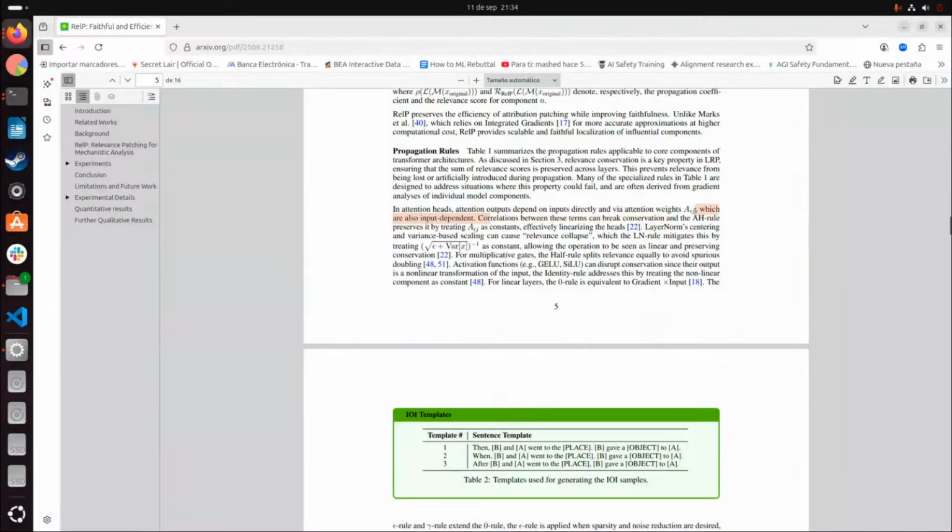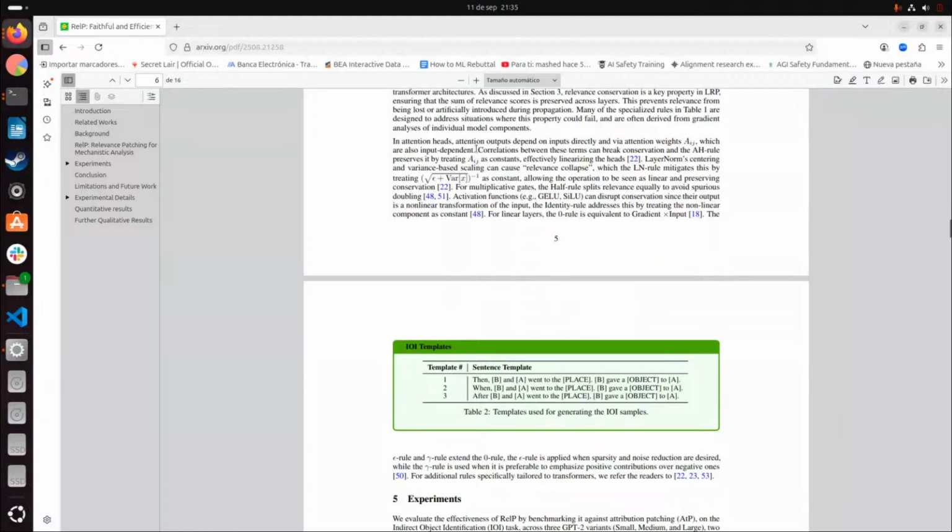Relations between terms, compare conservation and the AH rule, preserves by the attention push dependent on attention weights, which are also input dependent. Correlations between these terms can break conservation, and the AA rule preserves by treating heads.